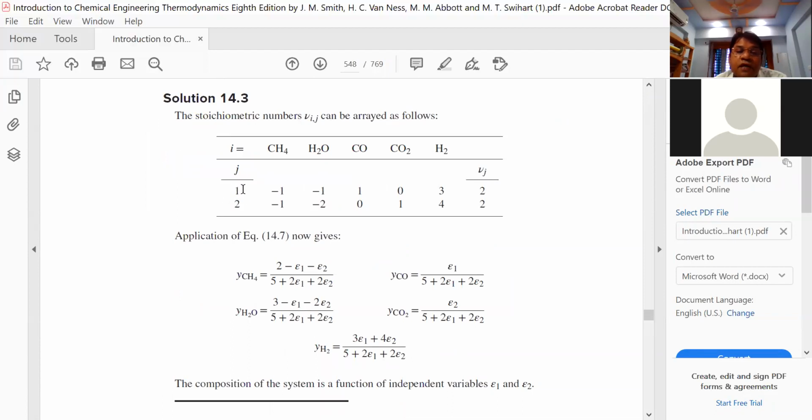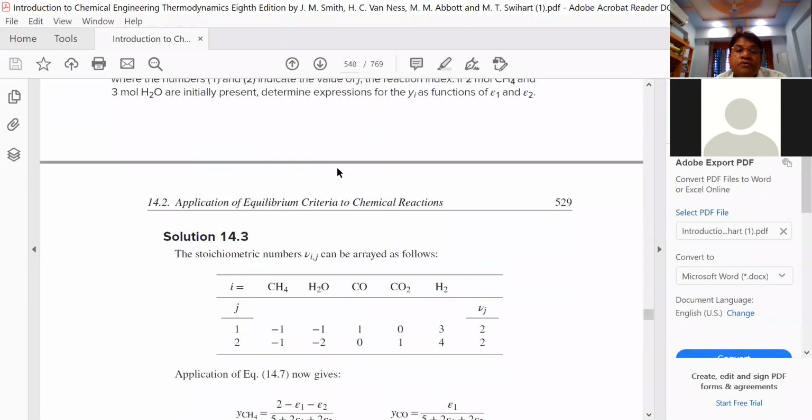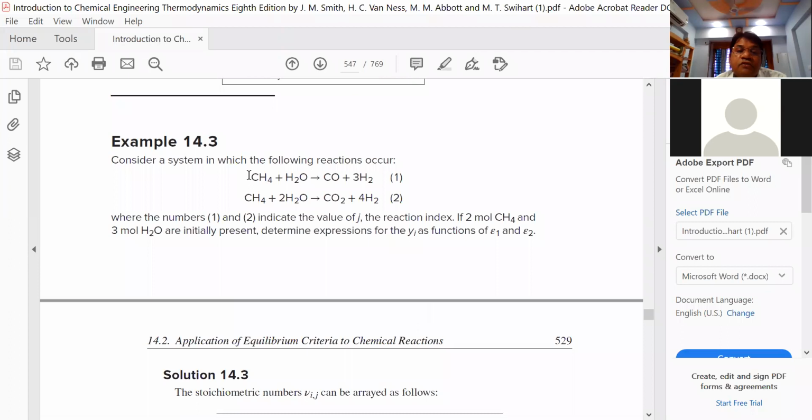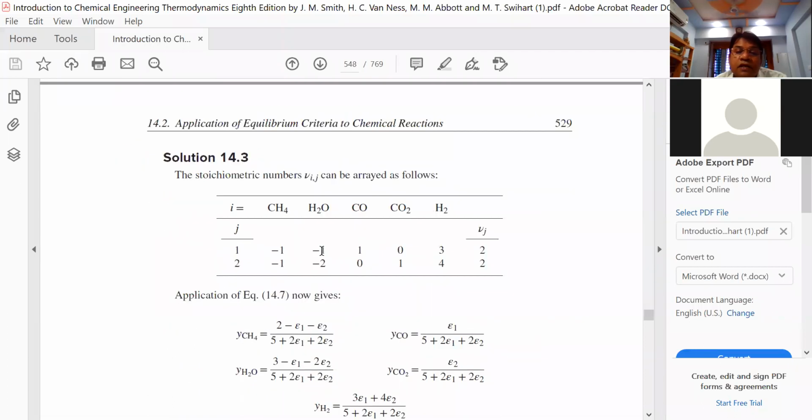So with respect to the first reaction, what is the stoichiometric number of each species? In the first reaction, the stoichiometric number here is -1 because it is a reactant. Reactants should be negative. Here also -1. Here it is +1, and here it is +3, because these are the products. So -1, -1, +1 and +3.